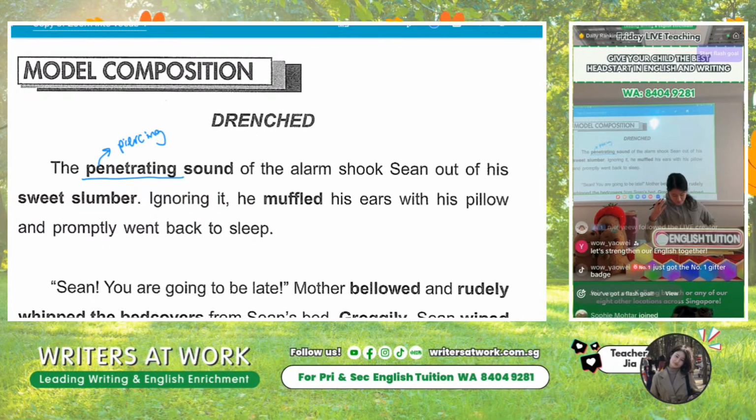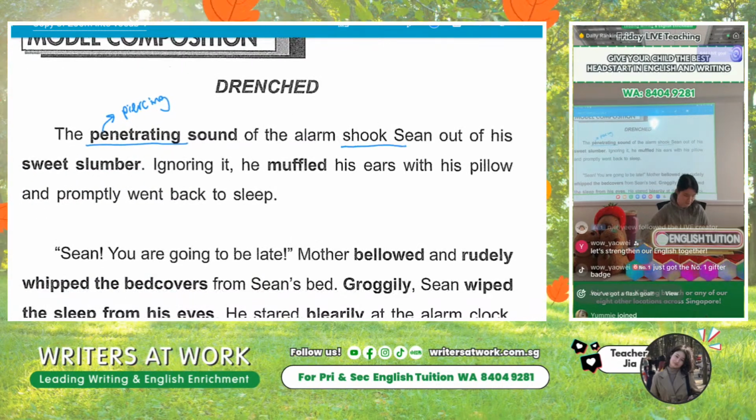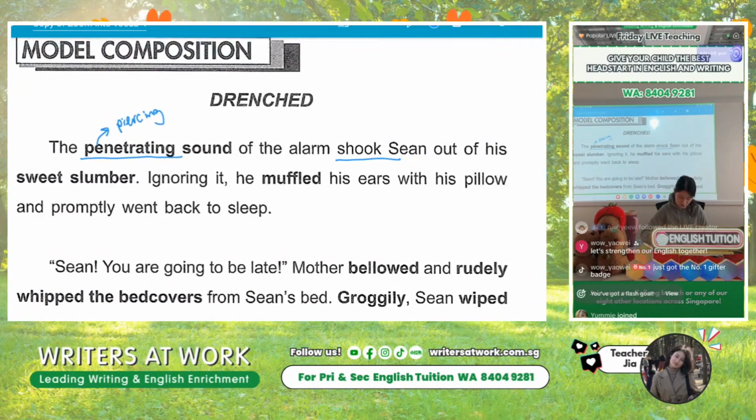The alarm shook Sean out of his sweet slumber. When we talk about shook, as we have spoken about before, it doesn't literally mean that the alarm is holding him and shaking him. It means it figuratively, that it's startling him awake, to jolt someone awake, in the context of the sentence.